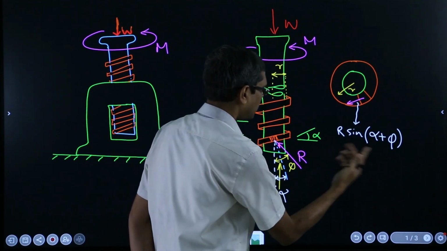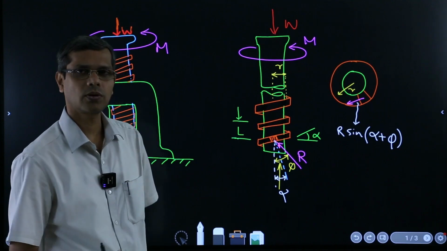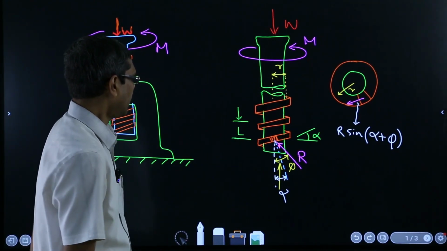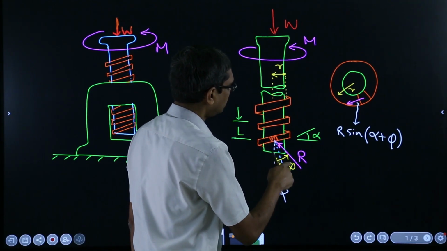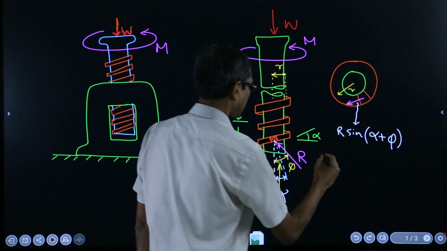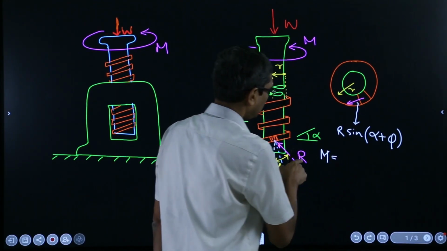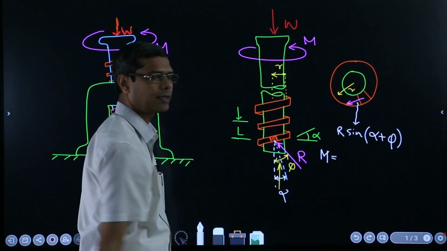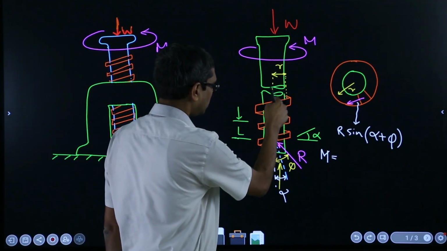So let's write down the equations of equilibrium. Under what sort of forces which parts are in equilibrium. Now this moment is basically equal to the summation of these forces over all the small segments.